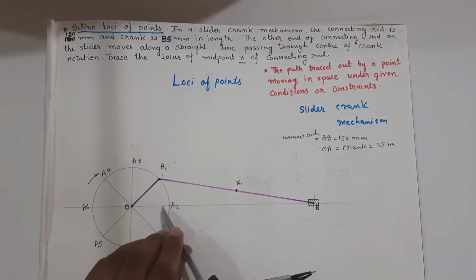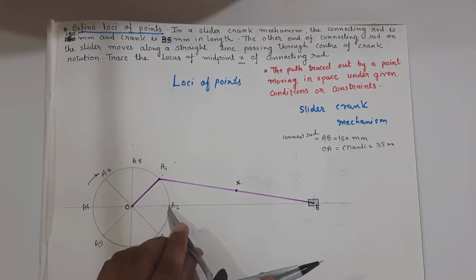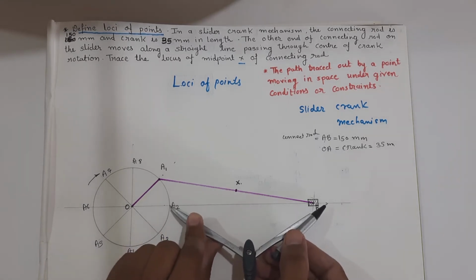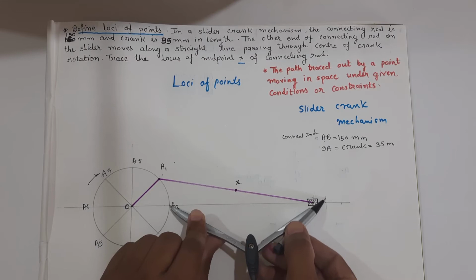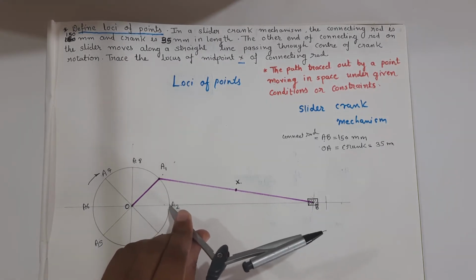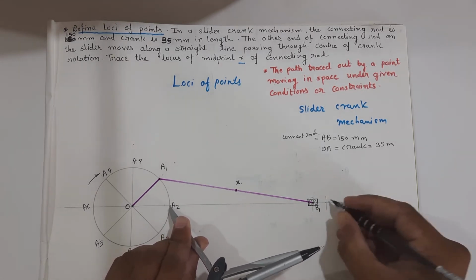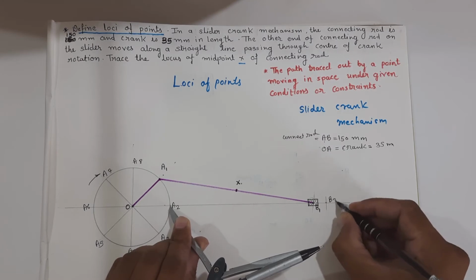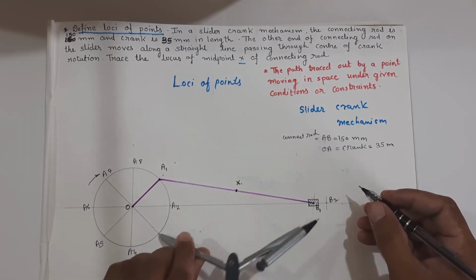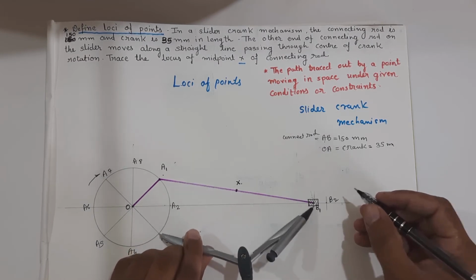Now whenever the crank changes its position to A2, we will get the position of B, or the locus of point B, over here. So this will be the first locus of point B. This is B1, and this is B2. Now whenever the crank comes over here at A3, it gives us the locus of B over here at the same point.